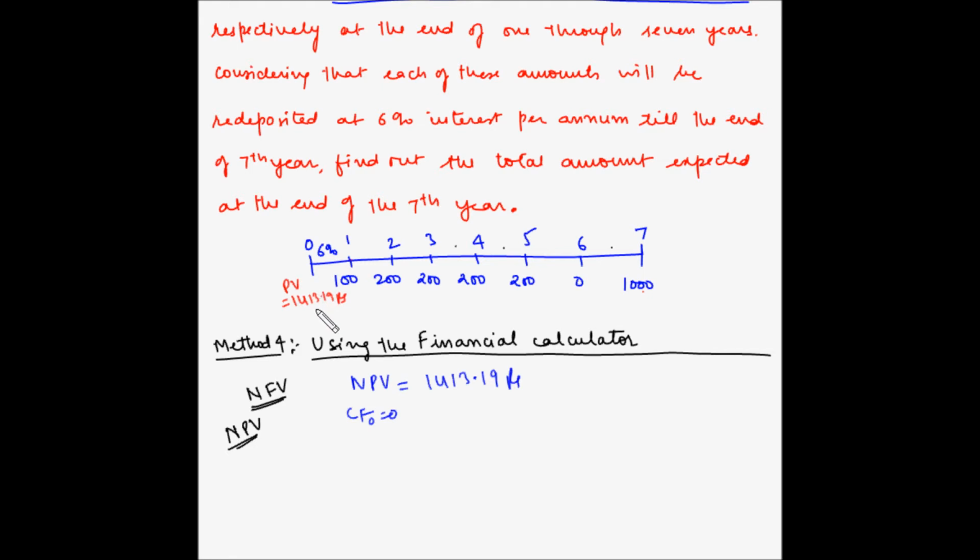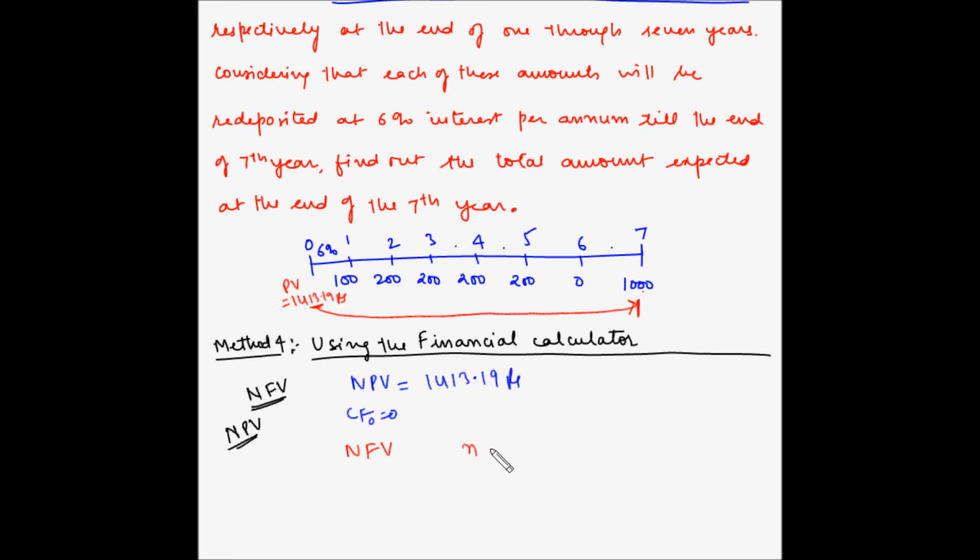Now we'll find out what this amount will get converted into at this point, which is the end of the 7th year. So we now have to find out the net future value. Now this is the case of finding out net future value of a lump sum. So in that case, we have to enter 5 key buttons.